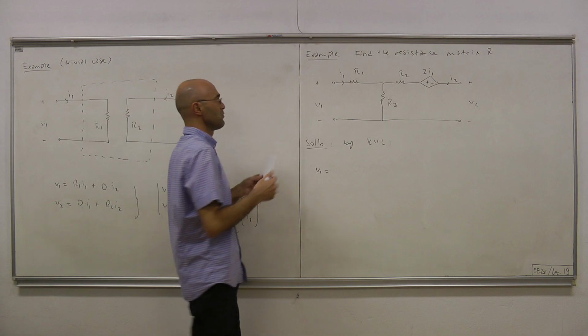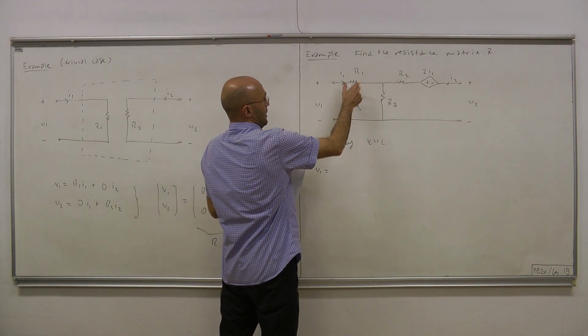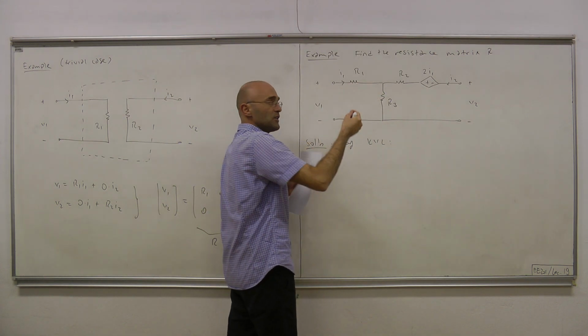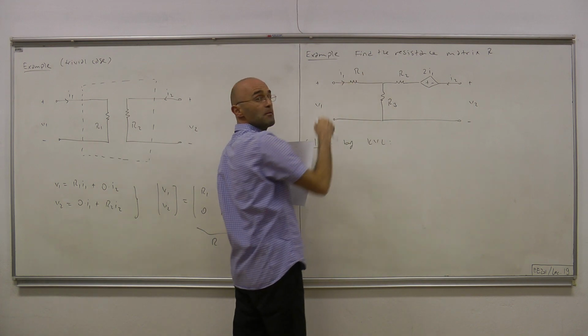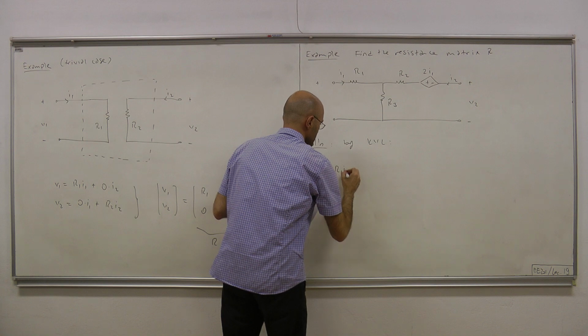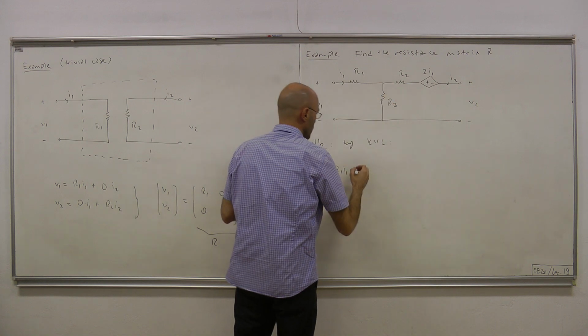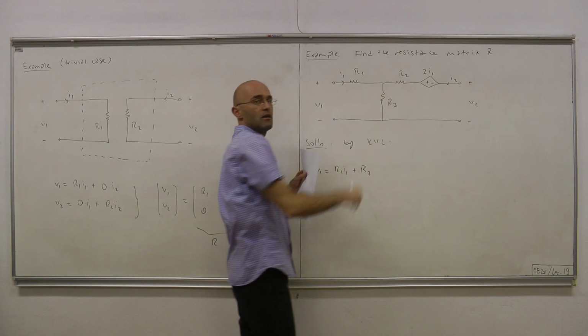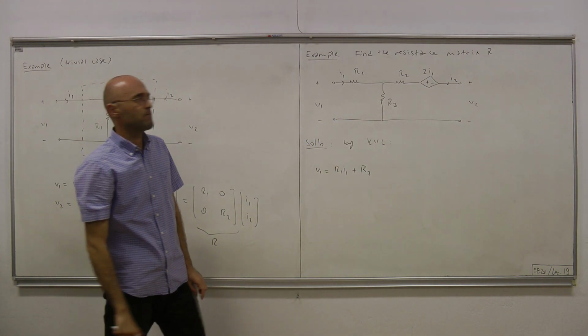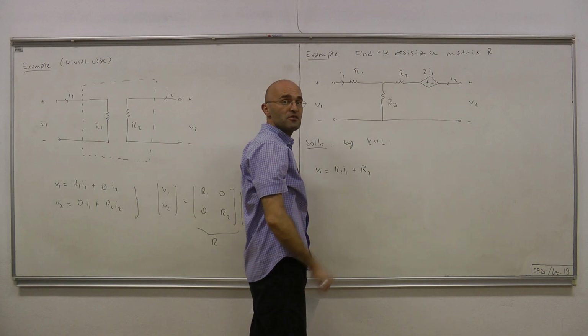So V1 equals this voltage plus minus this voltage plus minus that voltage. This voltage clearly equals R1 times I1. Okay, and this voltage equals R3 times the current passing through R3 in this direction. And what's the current passing through R3?